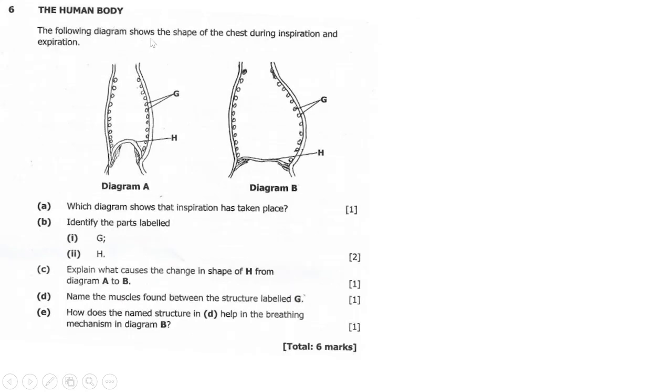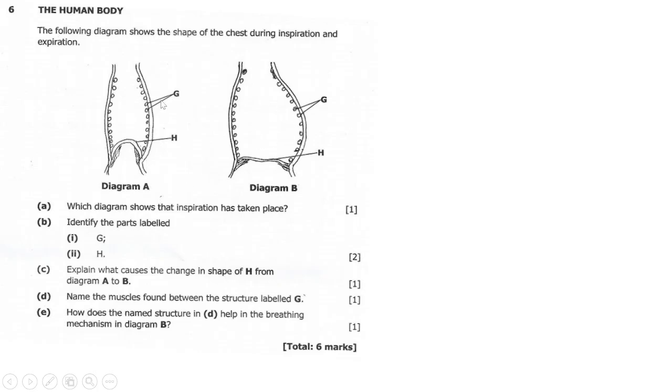It says the following diagram shows the shape of the chest during inspiration and expiration. We have diagram A with structure H and structure G, and diagram B also has structure H and structure G. But here the chest cavity is small, or the volume is small, while here the volume is large.